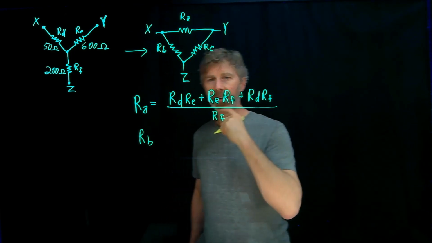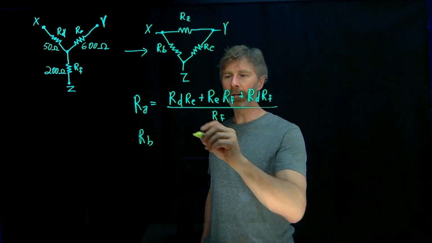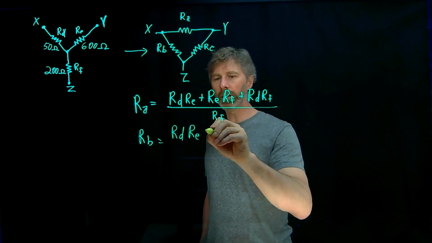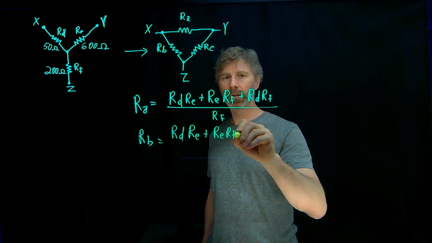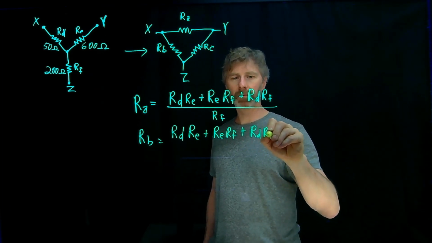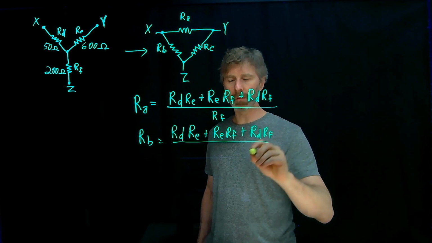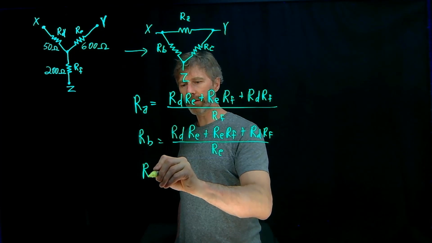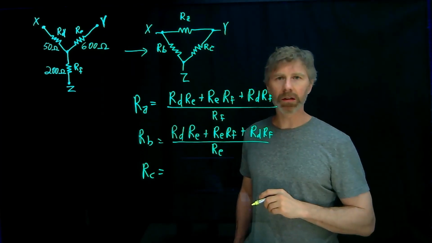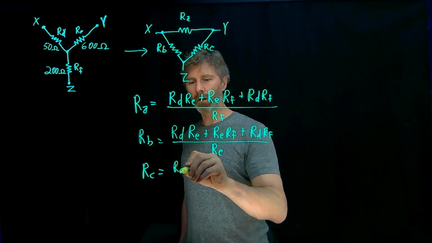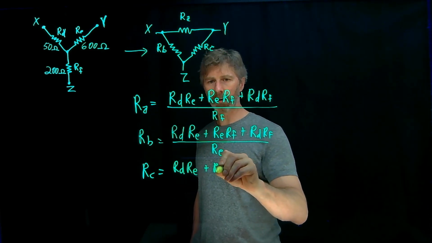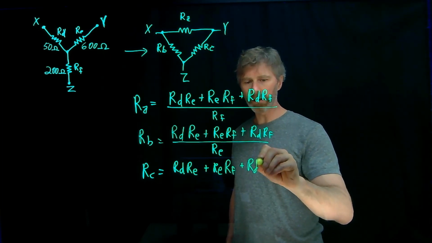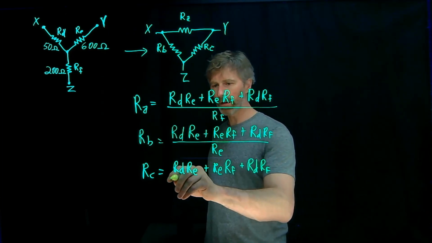RB is actually the exact same numerator, RD RE plus RE RF plus RD RF, but this time divided by RE. And the value for RC is again the same numerator, RD times RE plus RE times RF plus RD times RF, this time divided by RD.